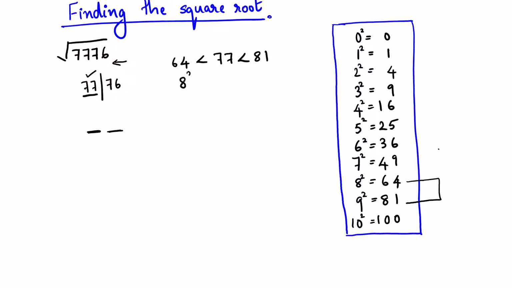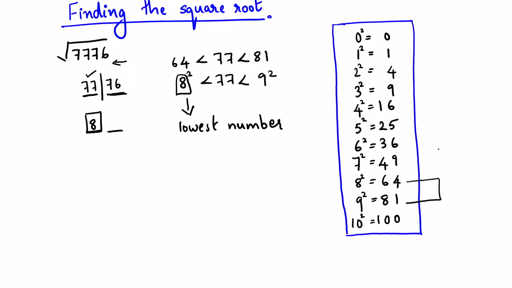That is 8 square and 9 square. So the lowest number here is 8. So the tens digit will be 8. So you got the tens digit. Now you have to find the ones digit. For this you have to consider 76.